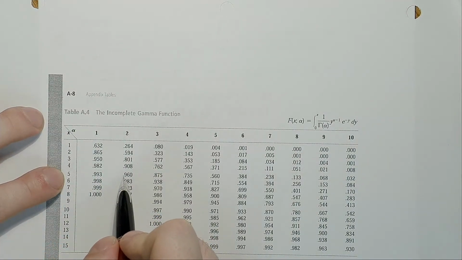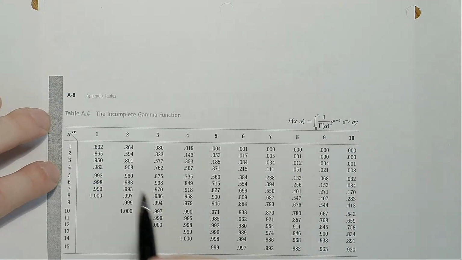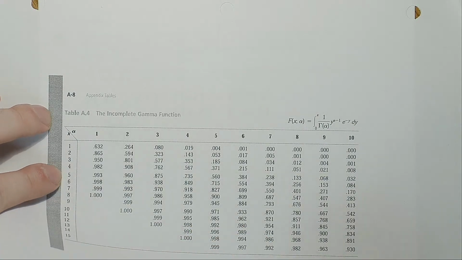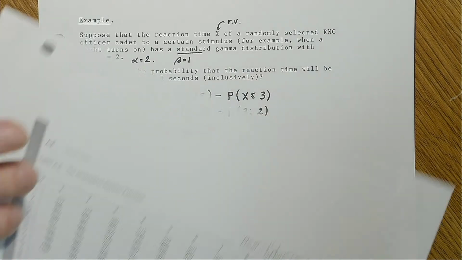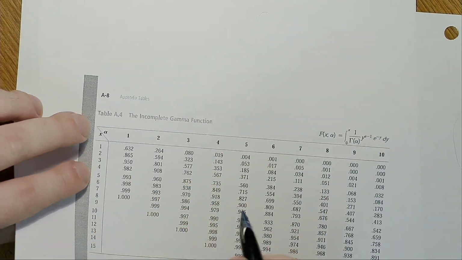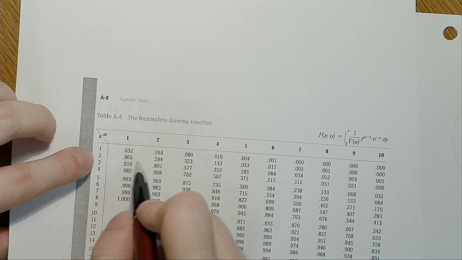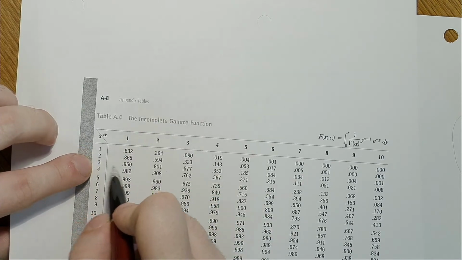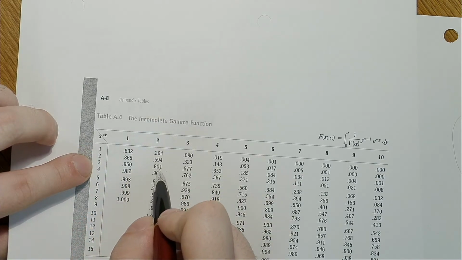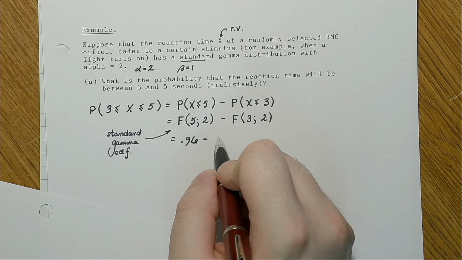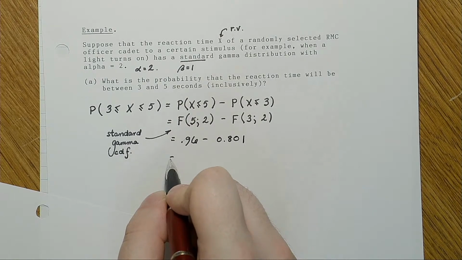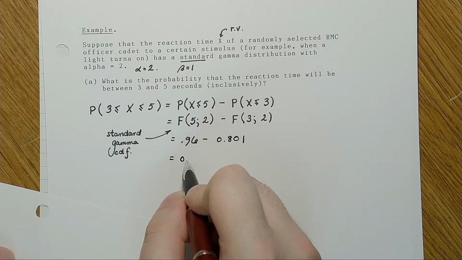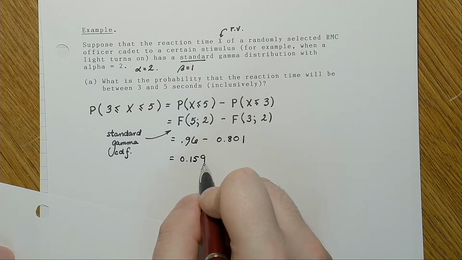So I need this, which is 0.96, minus, and then the other one I need to look up is 3. So that's 0.801. And subtracting that, I get 0.159.